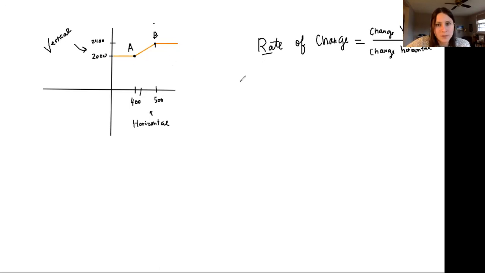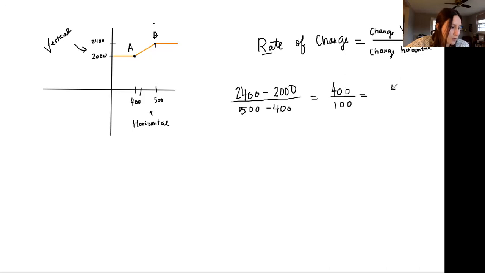So that would be 2,400 minus 2,000. To find the horizontal change, that would be 500 minus 400. So we have 400 over 100 as the rate of change. Now the rate of change is always simplified, so that would be 4 over 1.